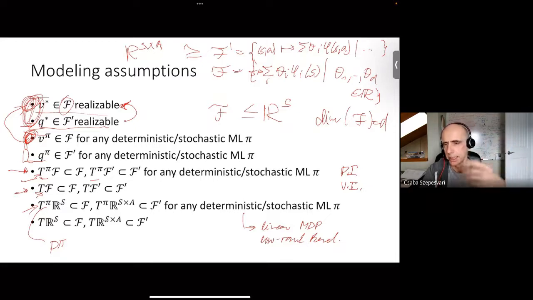It's not standardized in a proper way yet in the literature. When people say linear MDP or low rank transition kernel, that could mean multiple things. So you always have to ask, unfortunately.